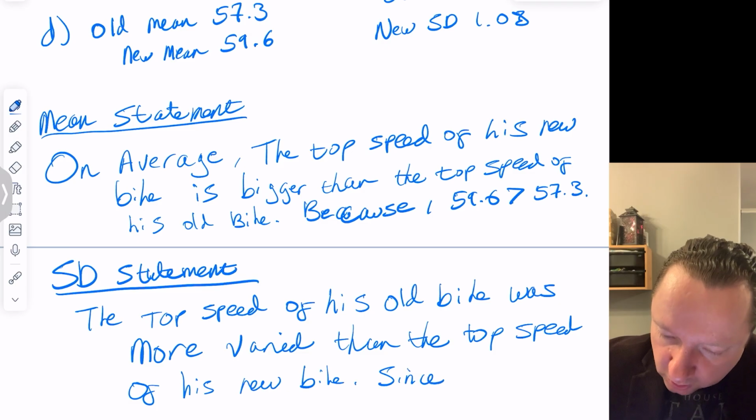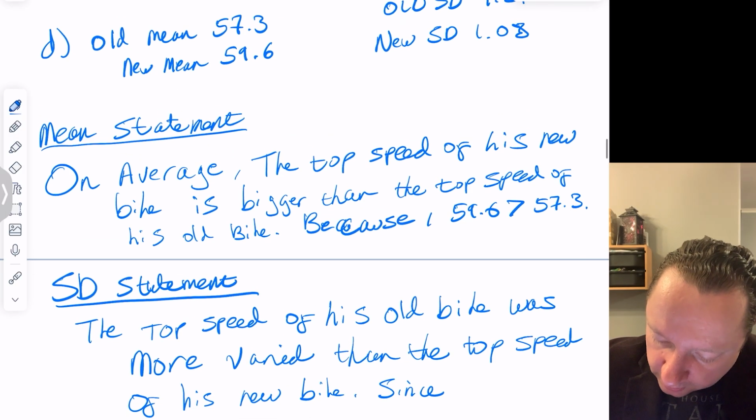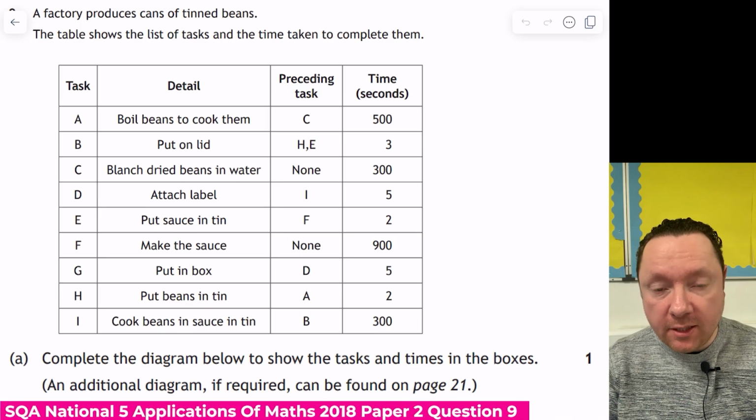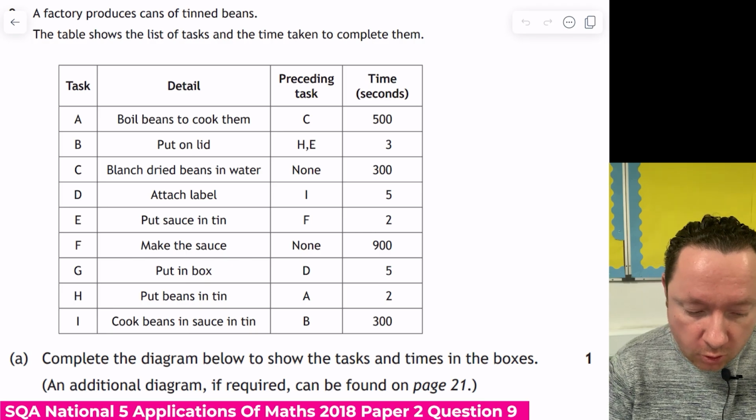Since I always write this, 1.21 is bigger than 1.08. And we're done there.